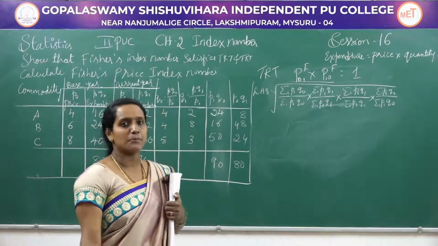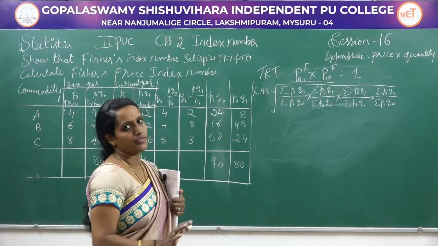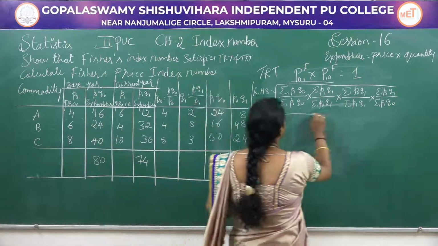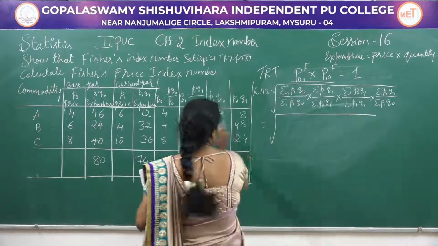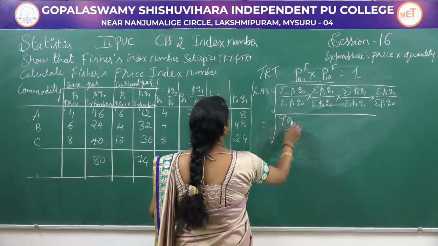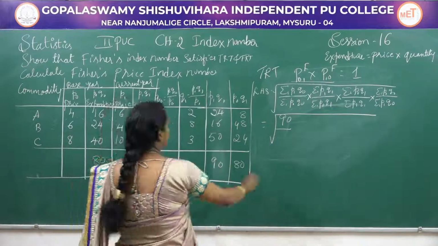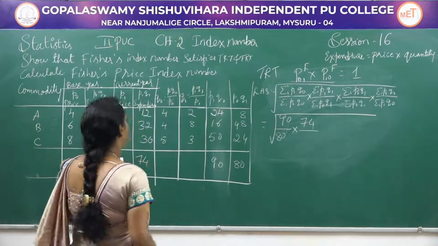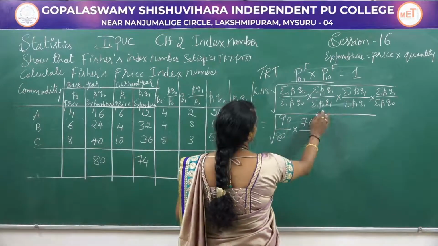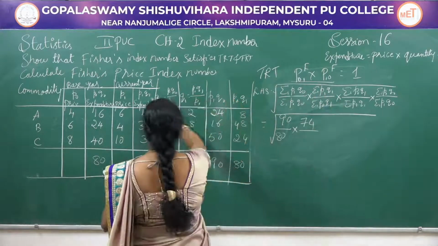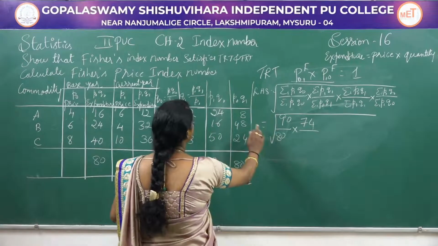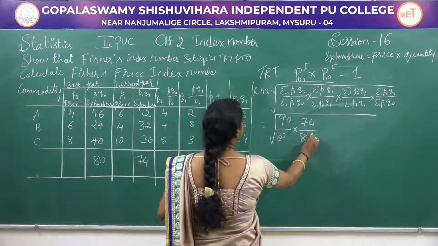Now we have to substitute the values for this from the table. P1 Q0 is 90, P0 Q0 is 80. Next, substitute the values. P1 Q1 is 74, and P0 Q1 is 80.